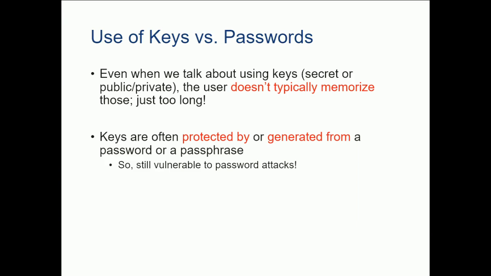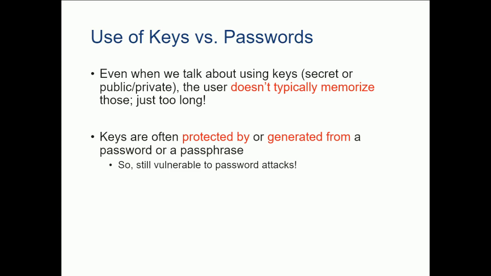There are two cases. If we want to use a session key or shared key for authentication, for example, a 160-bit key, users will not remember this random string. What we do in practice is one of two ways. In the first way, the user chooses a password, and we generate a key from the password using a hash function.